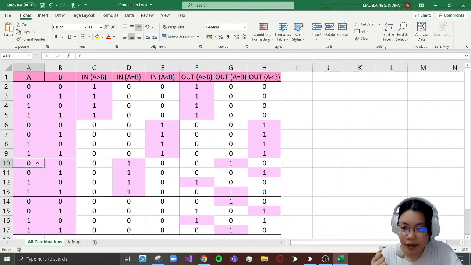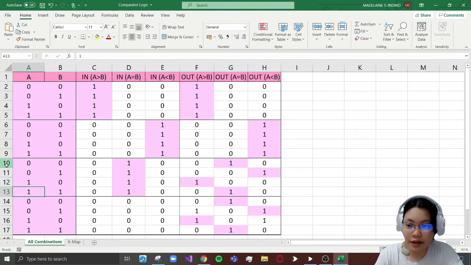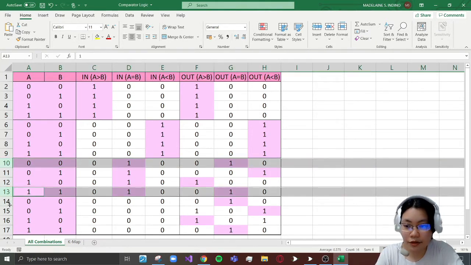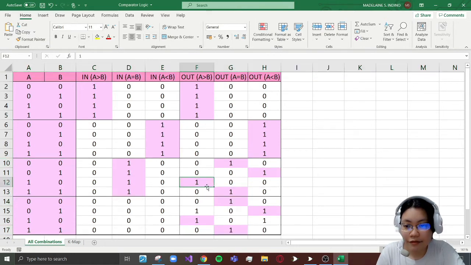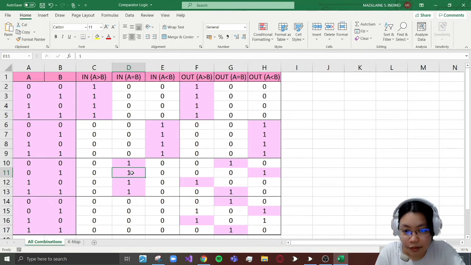In the case where A is equal to B, in these lines, we can observe that the output is still A is equal to B. However, when we see that A is turned off and B is turned on, then although the additional input is A is equal to B, A is still considered as less than B because we are following the most significant bit.